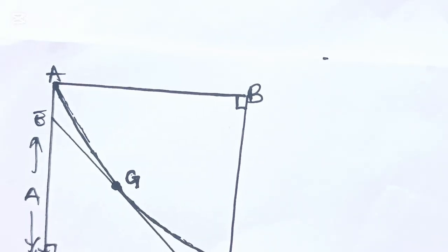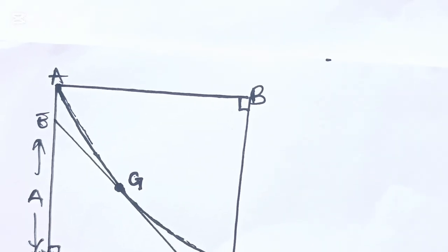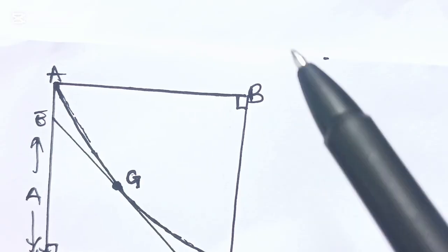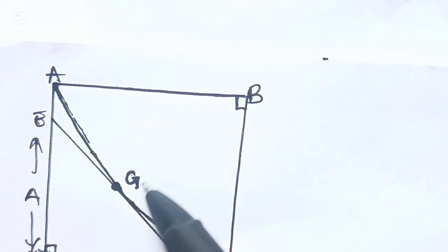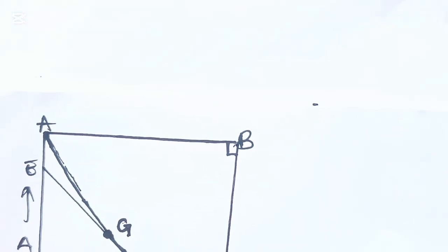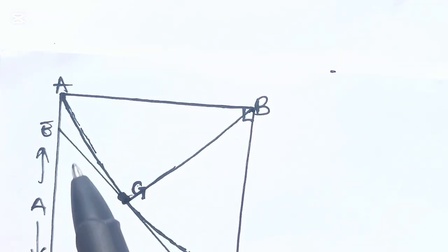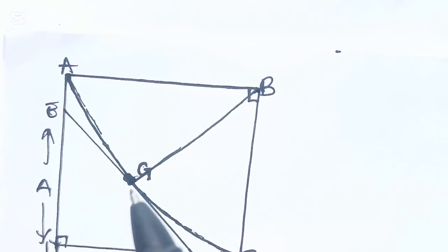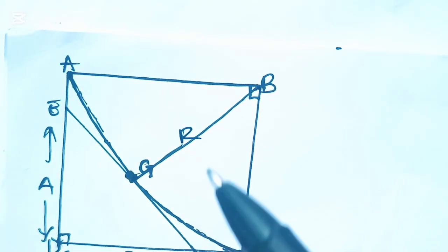So at this point now, how do we go about it? Let's locate the radius on this diagram. Remember that any straight line drawn from the center of a circle to its circumference is a radius. So this is the center of this circle. If I draw a line to its circumference to this point, which happens to be the point of contact between this curve and this line, then this is our radius.